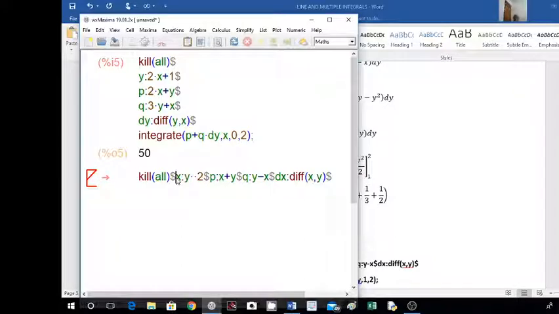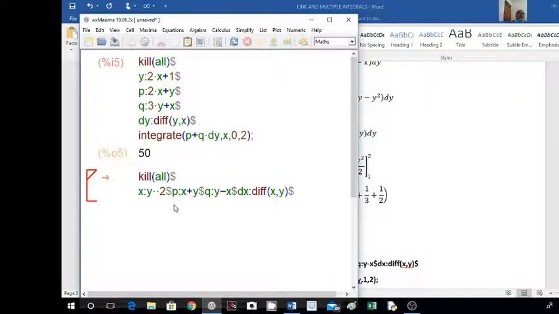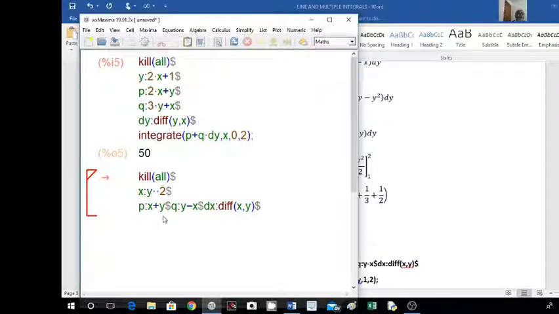You can write it in a single line. x is equal to y square, p equal to x plus y, q equal to y minus x, dx is equal to differentiate x comma y.